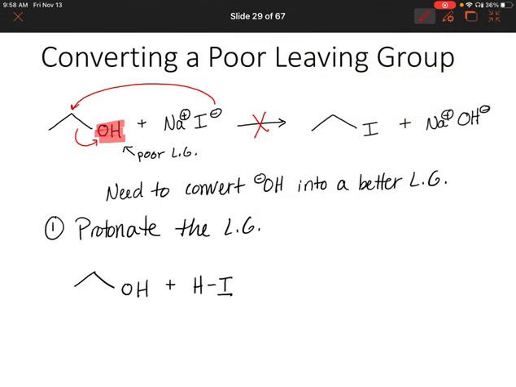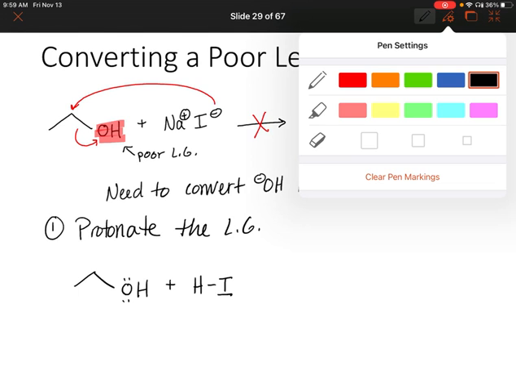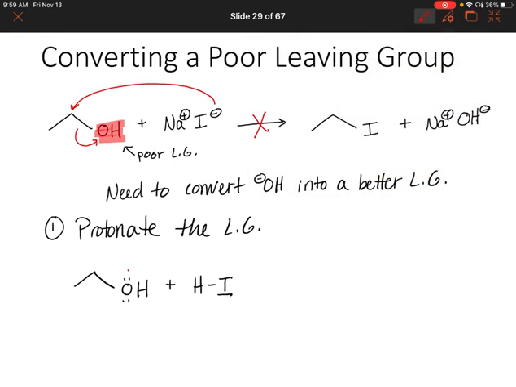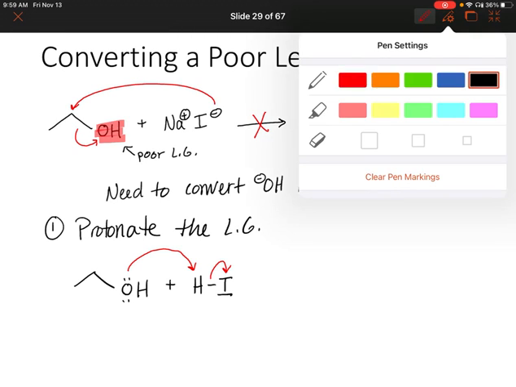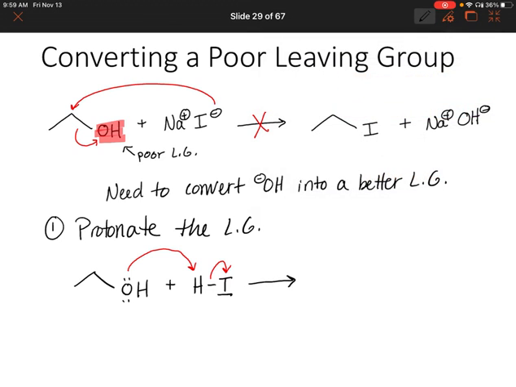Well, in this case, what's great is the OH group is going to act as a base, and it's going to take that proton, and then we'll leave electrons behind on iodine. So we have a proton transfer. And this converts OH into a better leaving group, which is water.